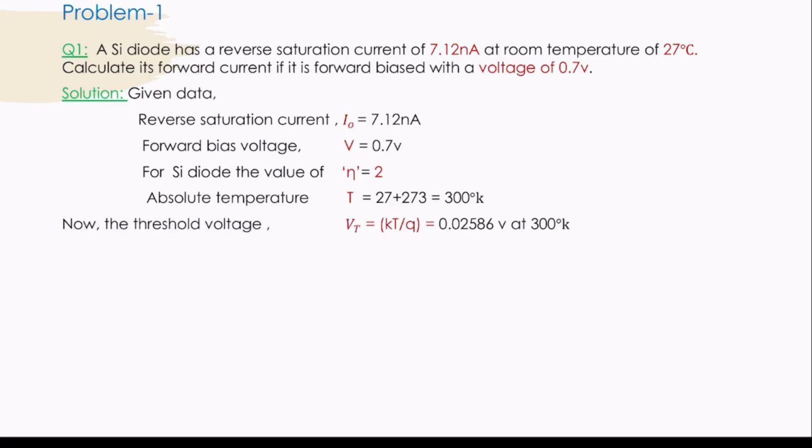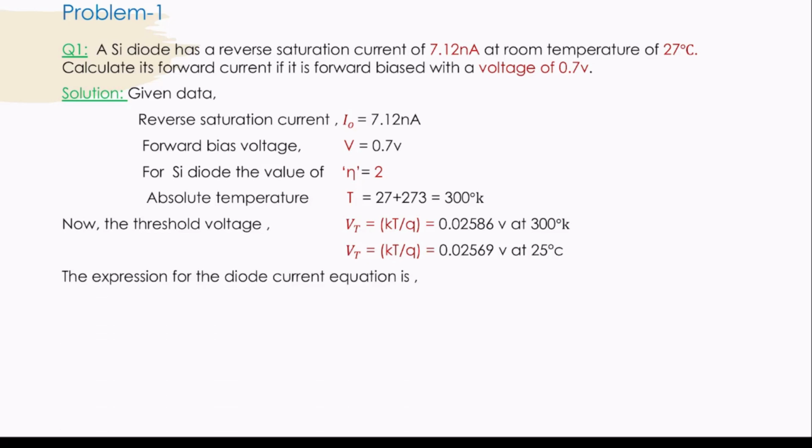Now the thermal voltage Vt is equal to kT by q, which is equal to 0.02586 volts at 300 degrees Kelvin, and Vt is equal to 0.02569 volts at 25 degrees centigrade. Now we know the expression for the diode current equation, which is I is equal to I0 into e to the power of V by eta Vt minus 1.